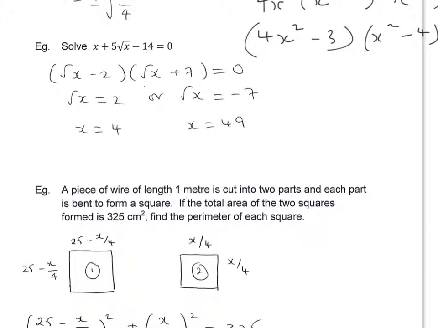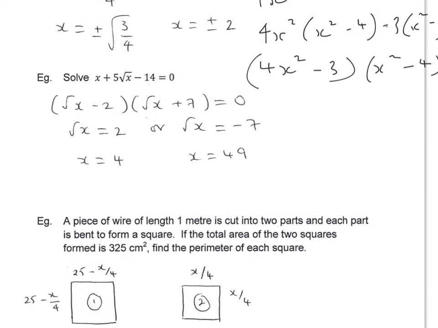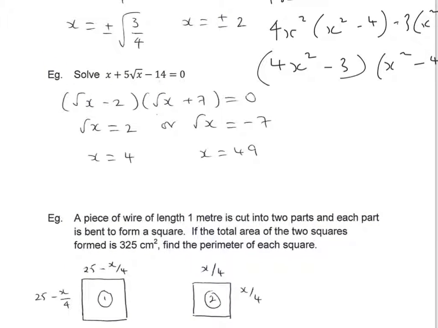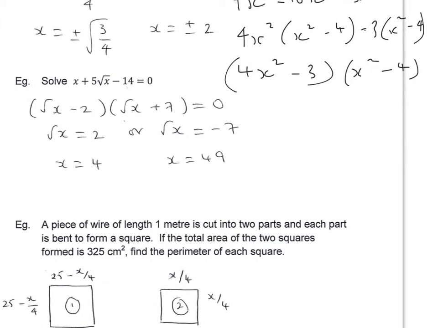Okay, the next example then, a little bit more awkward because of the square root as the second term. Again, we can do it by inspection, or we can do it by splitting up the middle term. I'll do it for you by splitting the middle term, but you can see here that we have an x as our first term, and a root x as the second term.